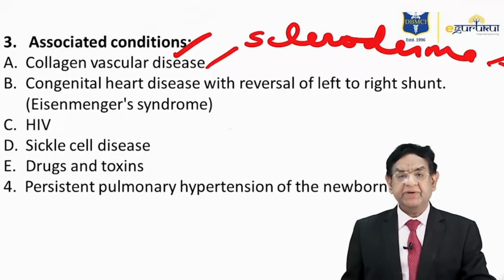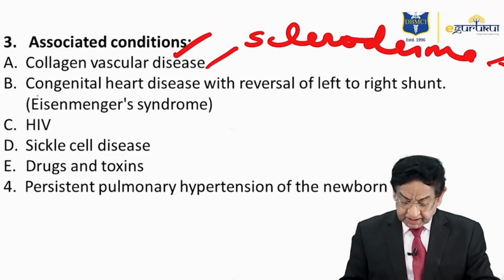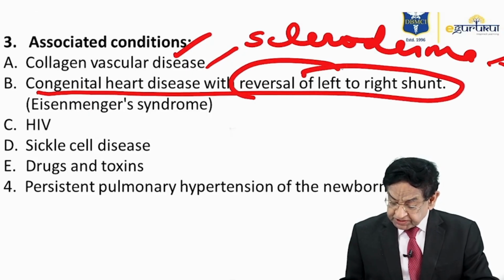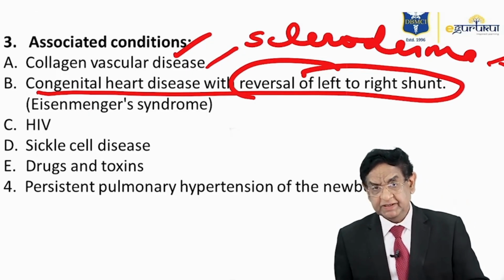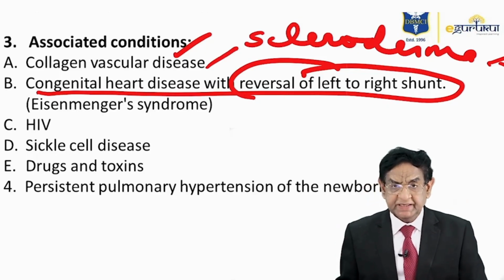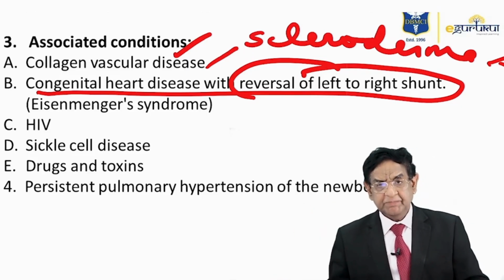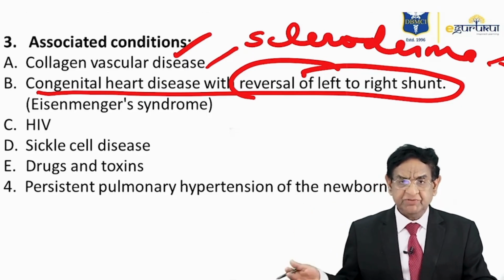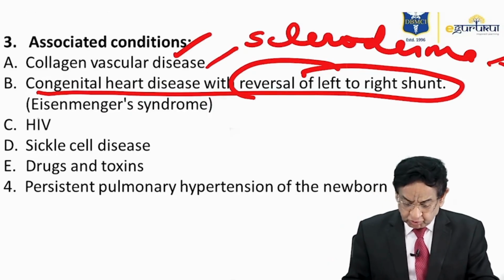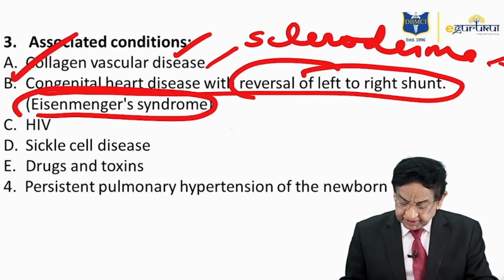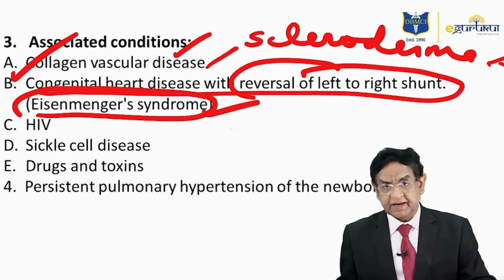Second condition where we can have increased PAH is congenital heart disease, left to right shunt, reversal of left to right shunt. That means in ASD or VSD, normally blood goes from the left heart to the right heart. But in very advanced stages, reversal of shunt can occur, and this is the so-called Eisenmenger syndrome. The second keyword is Eisenmenger.